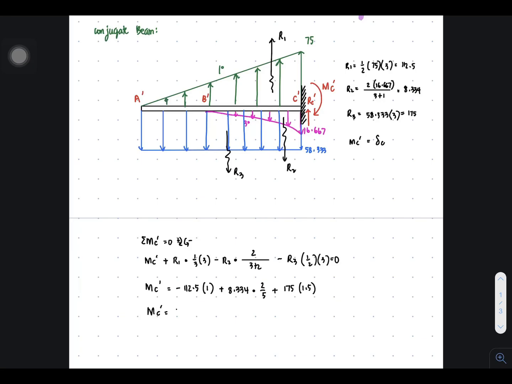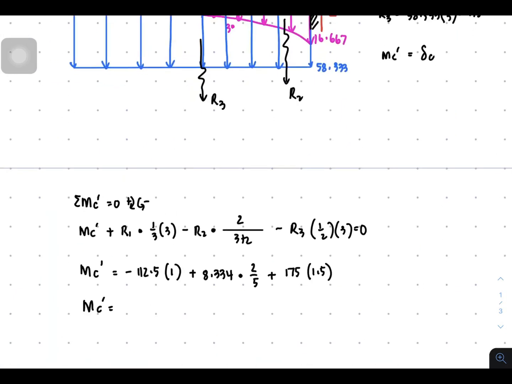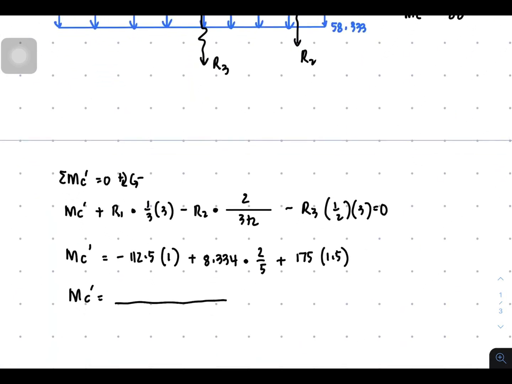The value is 153. So this is 153.334 kilonewtons cubic meter over EI.